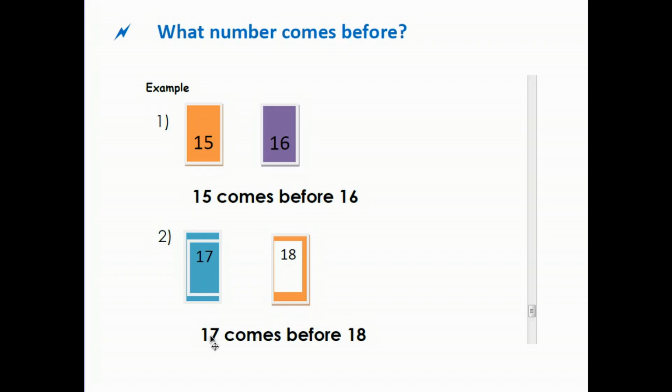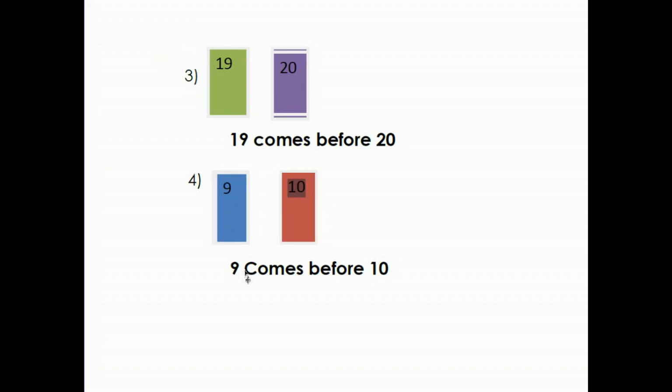So you can say 17 comes before 18. Again here, 19 comes before 20, or 20 comes after 19. And lastly, 9 comes before 10, or 10 comes after 9. So this is order of numbers. I hope you understood what order of numbers that come before, after, and in between means.